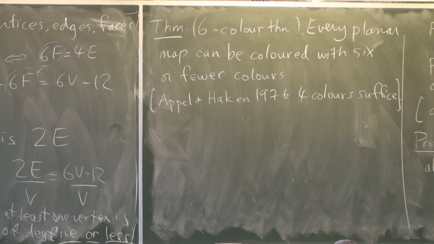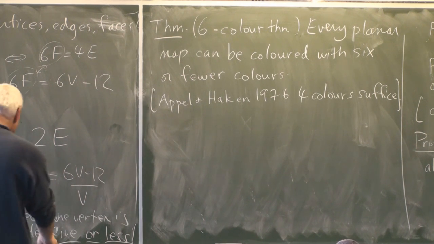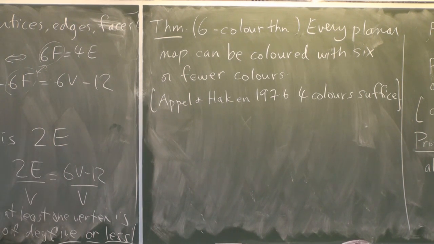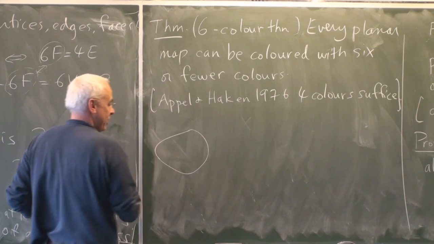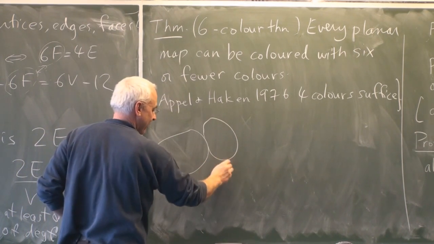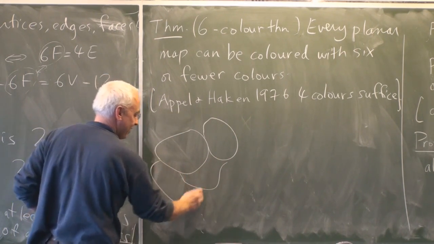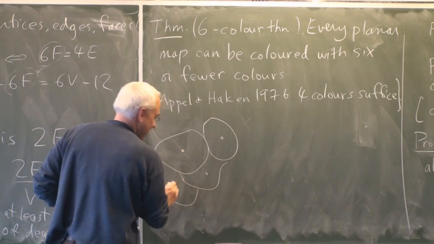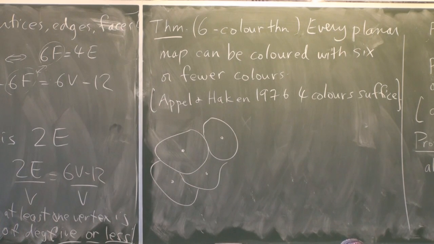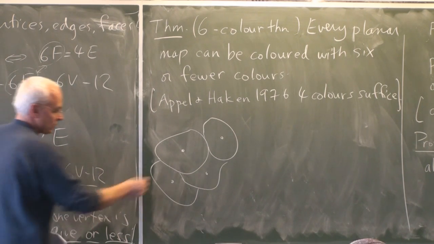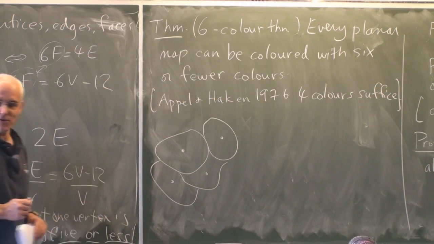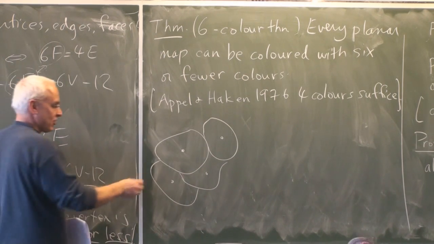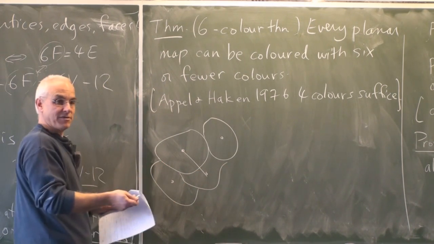All right. So in graph theoretic terms, instead of thinking about a map with countries, we just think about the corresponding adjacency graph. We'll put a vertex for each country and connect 2 countries if they're adjacent.